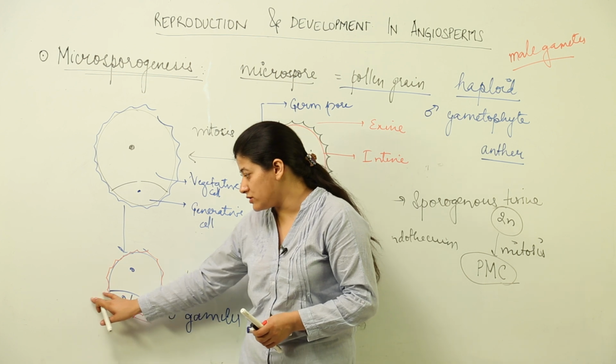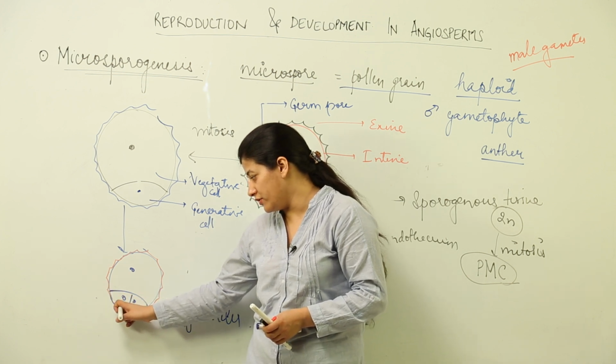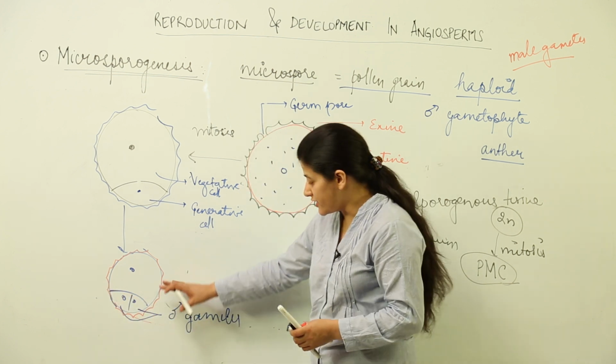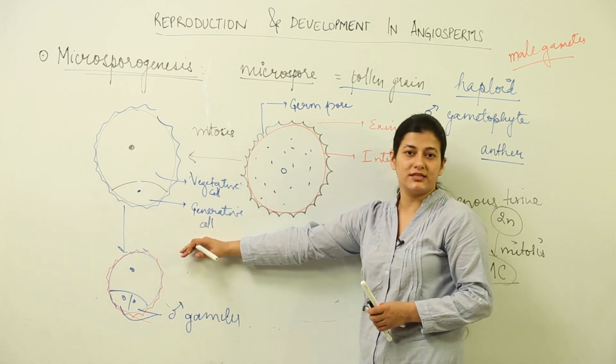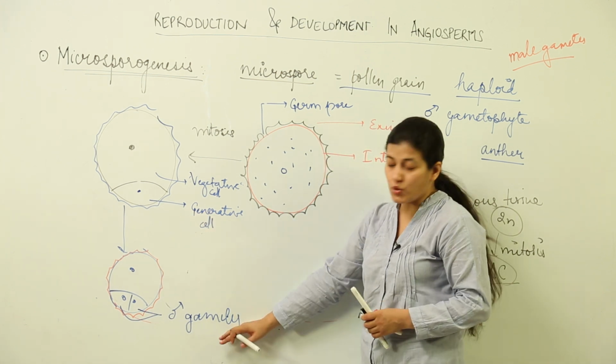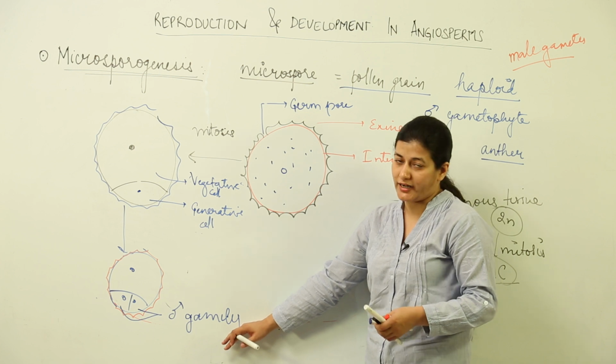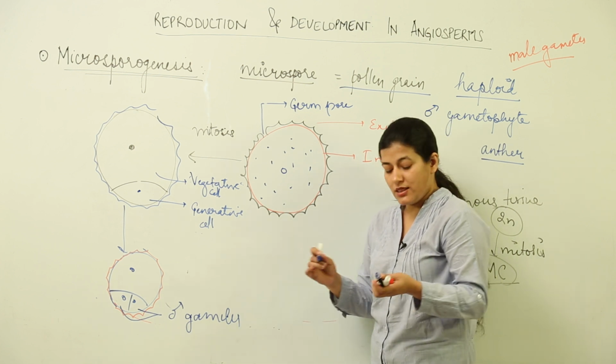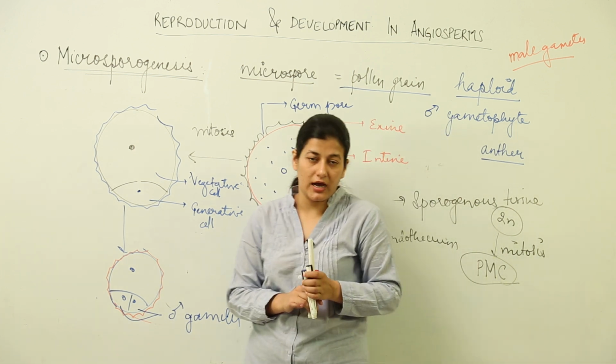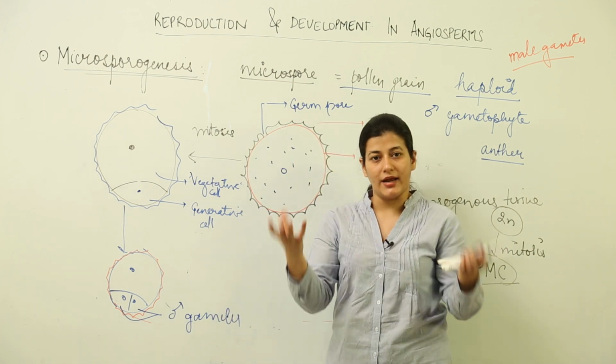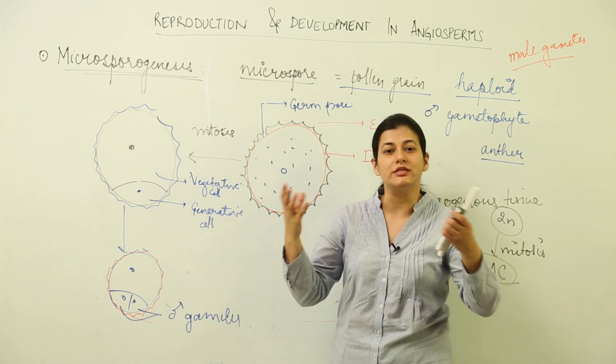Now, it depends on the type of the flower or the family to which it belongs, whether the generative cell stage would be shed or the 2 male gamete stage would be shed. What that means is that the pollen grains are dehisced. How? The entire anther bursts up and the pollen grains are released.